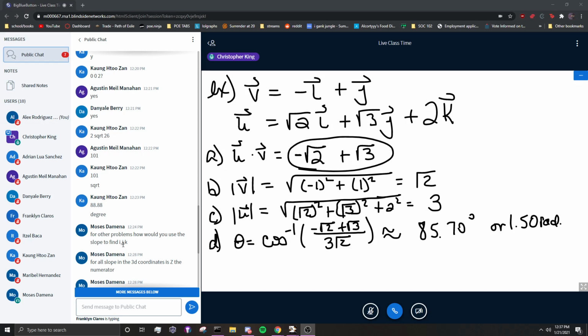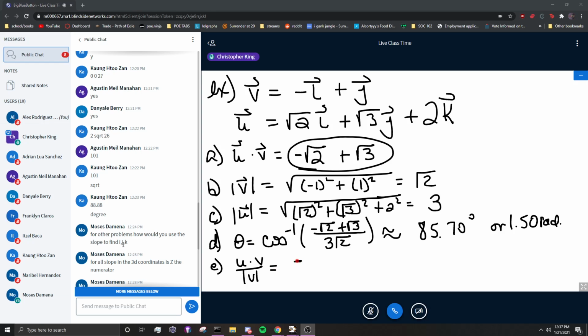All right, and then we still have 2 more pieces on it. Next is to find the scalar component. So that's u dot v over the magnitude of vector v.